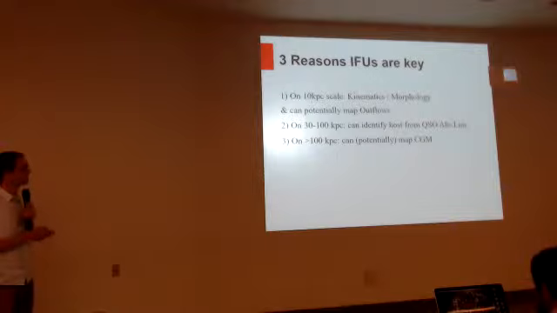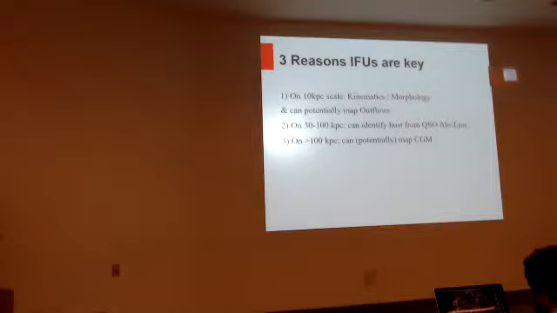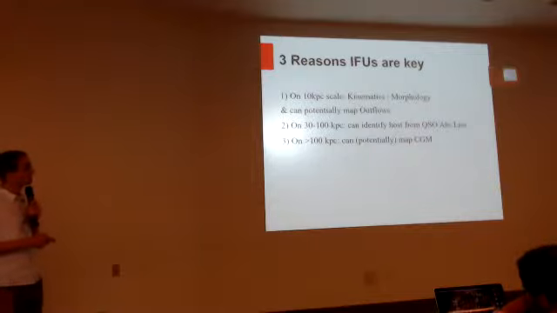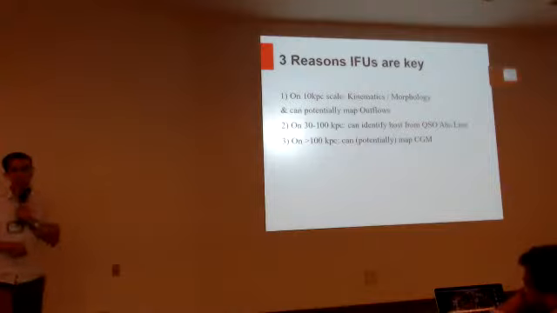On the small scales, of course, IFUs are great because you can study the kinematics and potentially map the outflows in emission. On the intermediate scales, IFUs are a very powerful tool to identify the host when you have a quasar absorption line.